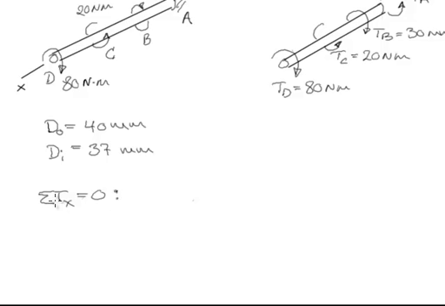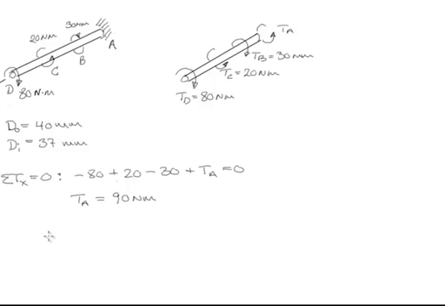That means we have the minus 80, we have plus 20, we have minus the 30, and we have plus TA, which needs to be equal to 0. So that yields that TA will be equal to 19 Newton meters. So that's the maximum torsional moment in the beam.